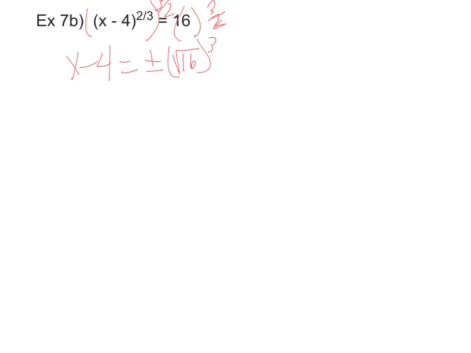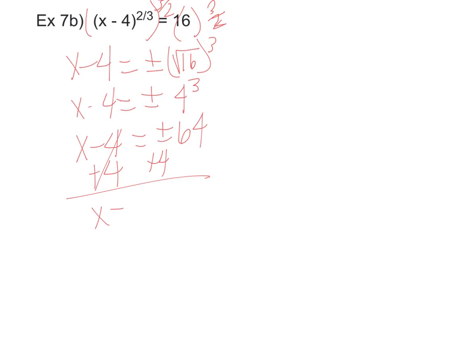And what's the square root of 16? 4. So this is plus or minus 4 cubed, and 4 cubed is 64. So now when you add 4 to that, remember, anytime you have your plus or minus and you're adding 4 to that, that goes in front.